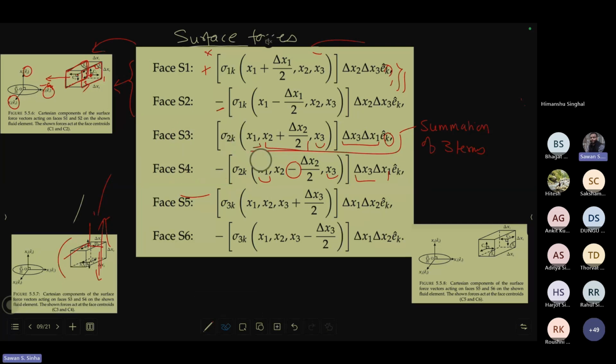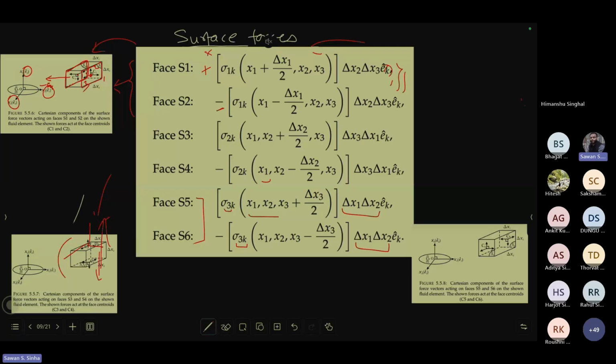Okay, so these are the forces on 3 and 4. Accordingly, along a similar line, for the force on S5 and S6, to get them, you need scalar stress components which start with 3, first index 3. Area is delta x1, delta x2.